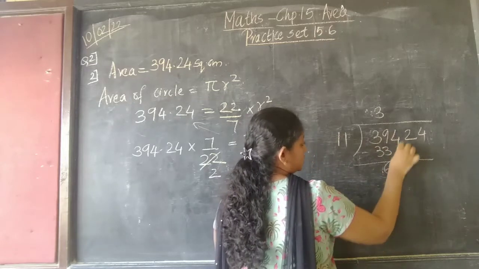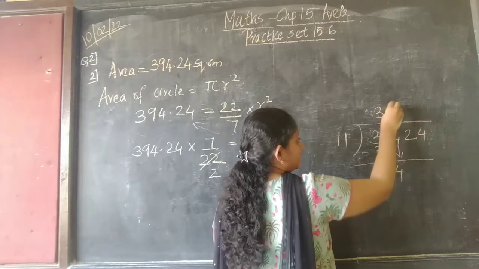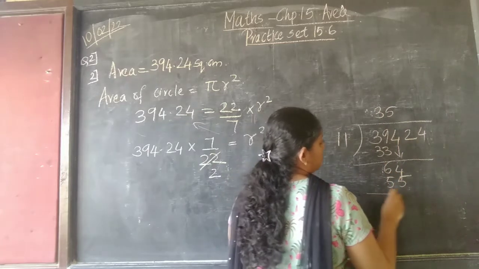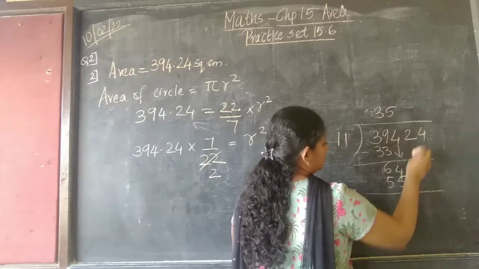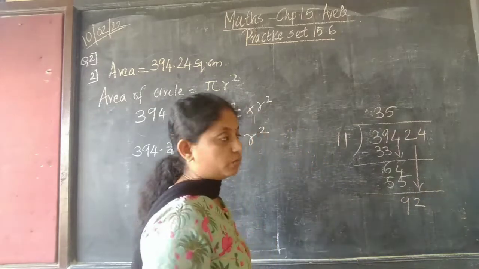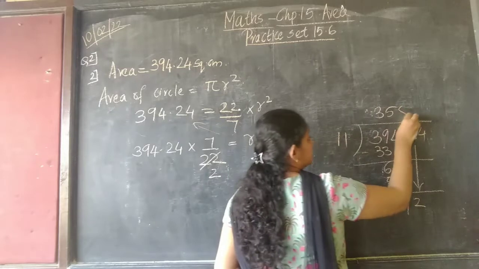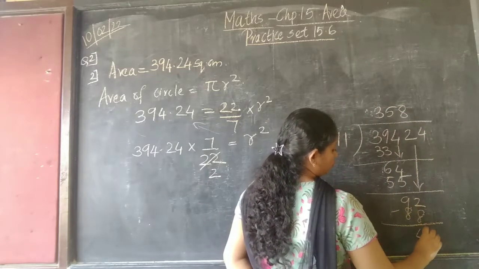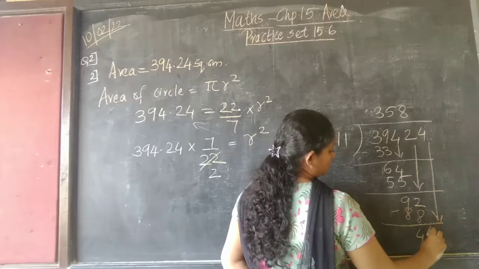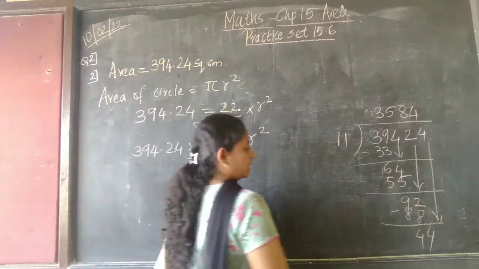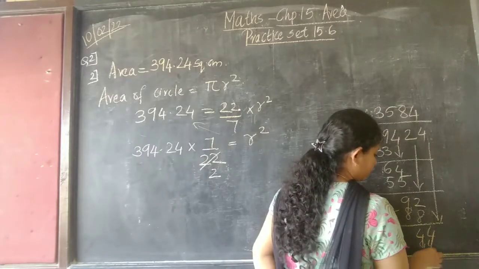Remainder 6, carry 4 down. 11 5s are 55. So you are getting 9, and here you are getting carrying 2 down. 11 8s are 88. Remainder is 4, carrying the 4 again down. 11 4s are 44. So you are getting the answer, remainder as 0, correct?